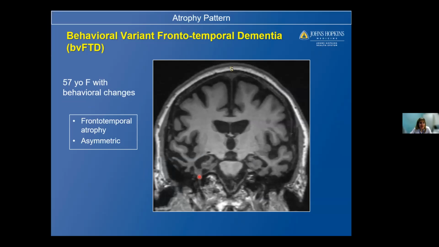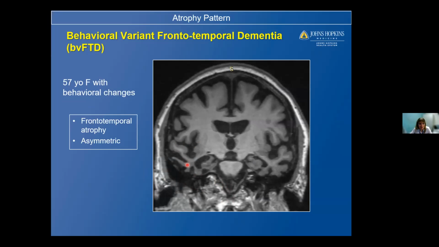All right. So although we learned that behavioral FTD involves more predominantly the frontal lobes, remember that it also involves the temporal lobes, right? And sometimes they can be marked or even worse than the frontal atrophy, usually on the right side. So to differentiate from Alzheimer's disease, we look at the lateral temporal lobe.